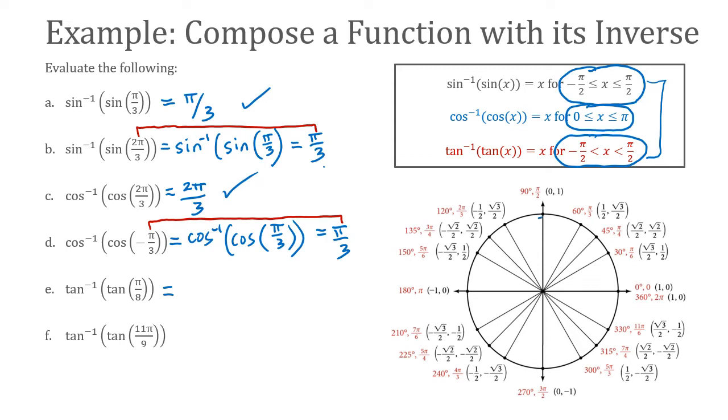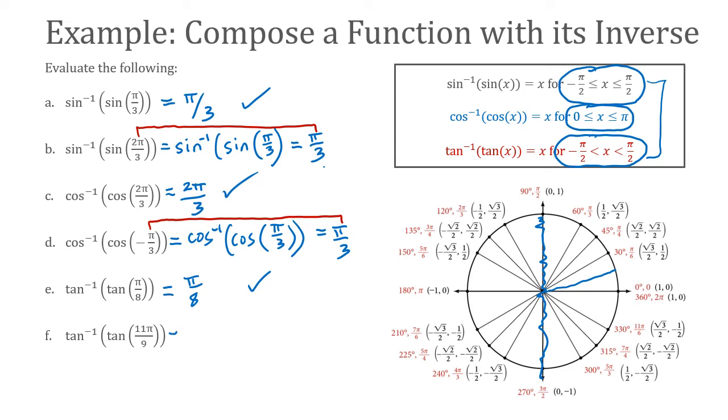Is pi over 8 within that border? We don't know exactly where it's at, but I know that pi over 8 is going to be a little bit smaller than pi over 6. So I think that we're good there. I'm just going to say pi over 8. Bam, I'm done. Last one, inverse tangent of the tangent of 11 pi over 9.